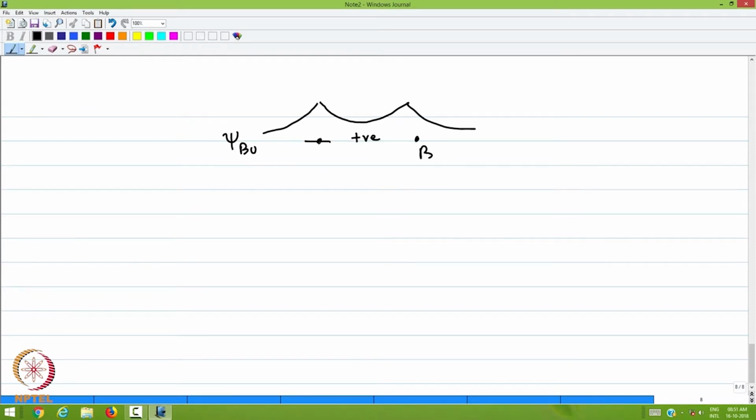Therefore, the wave function, if you change r1 to minus r1 or r2 to minus r2, does not change. On the other hand, if you have the wave function for the antisymmetric case, let me just draw this carefully.